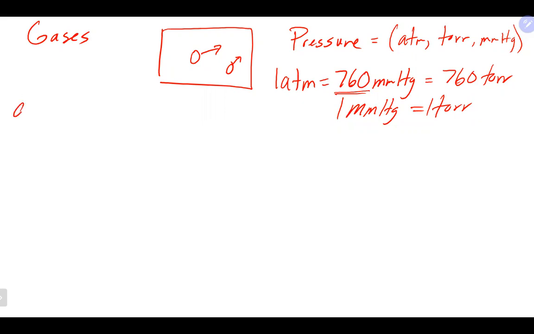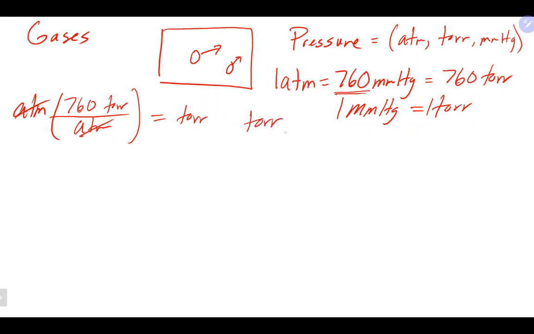So if you do have atmospheres and want millimeters of mercury or torr, you're going to multiply by the 760. The atmospheres will cancel, leaving you torr. And if you are starting with torr or millimeters of mercury, we would be dividing by the 760 here, and that would get you to atmospheres.